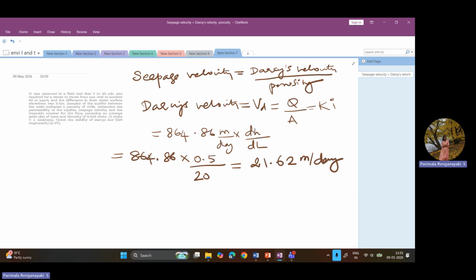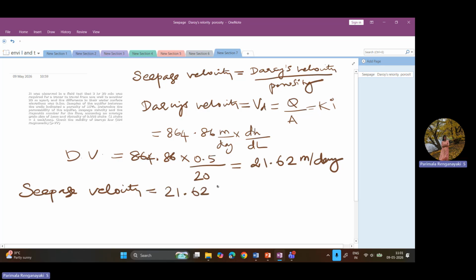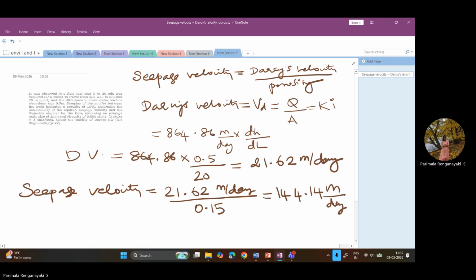Now seepage velocity is equal to this 21.62 meter per day by porosity. Porosity is given as 0.15, which is equal to 144.14 meter per day.